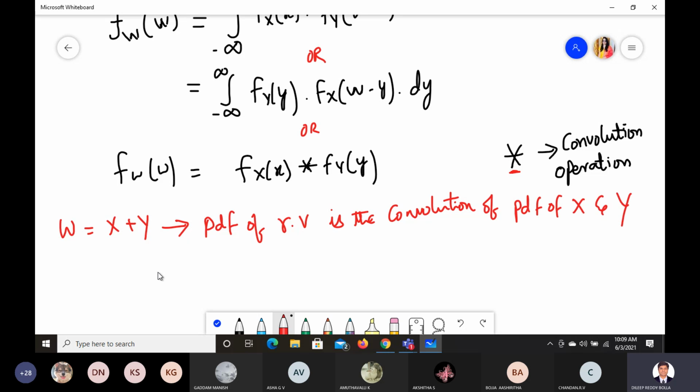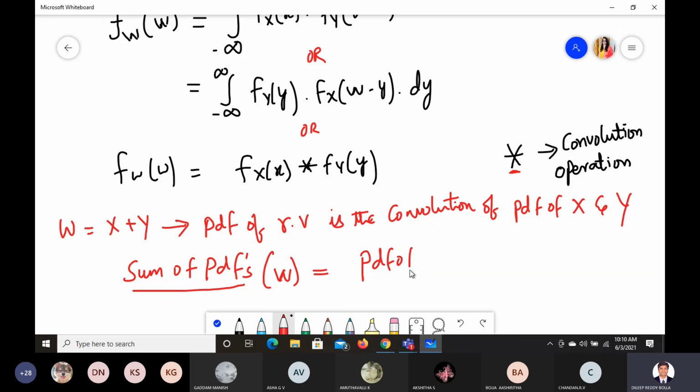So what is the meaning of this? Wherever you want to find the sum, the PDF of W, then you have to find the PDF of X and do the convolution operator with the PDF of Y. That's what we did.